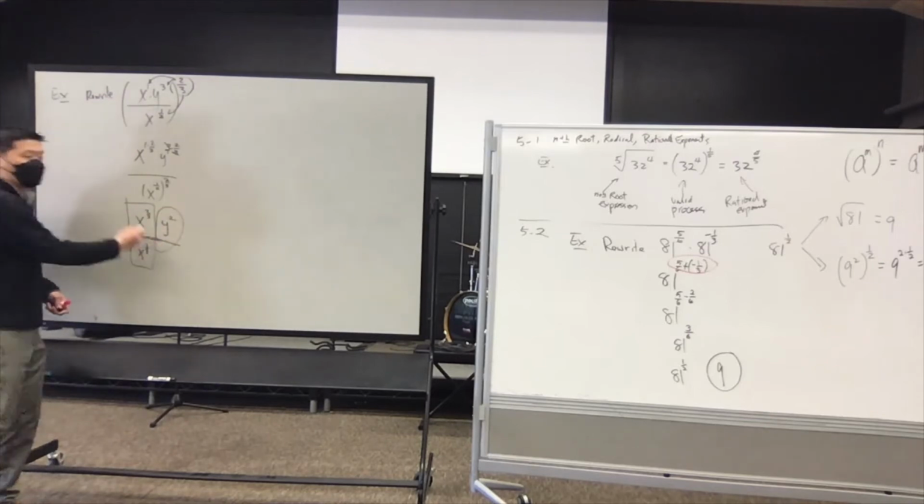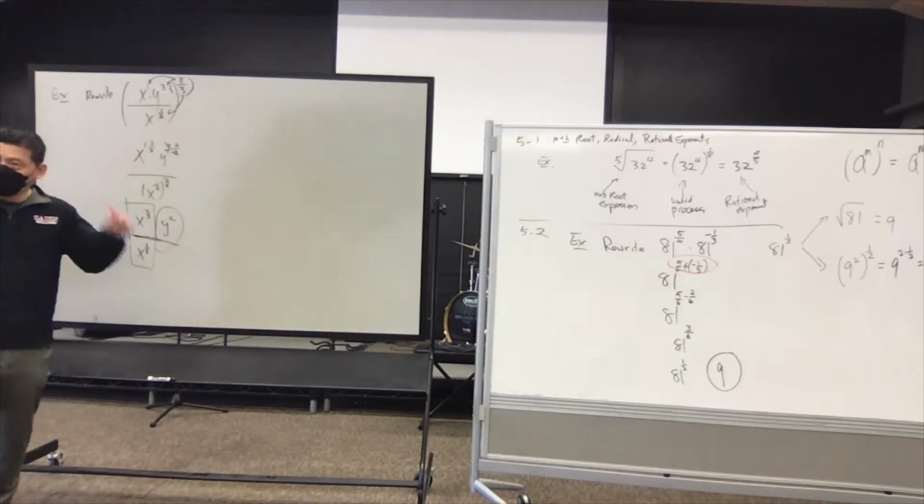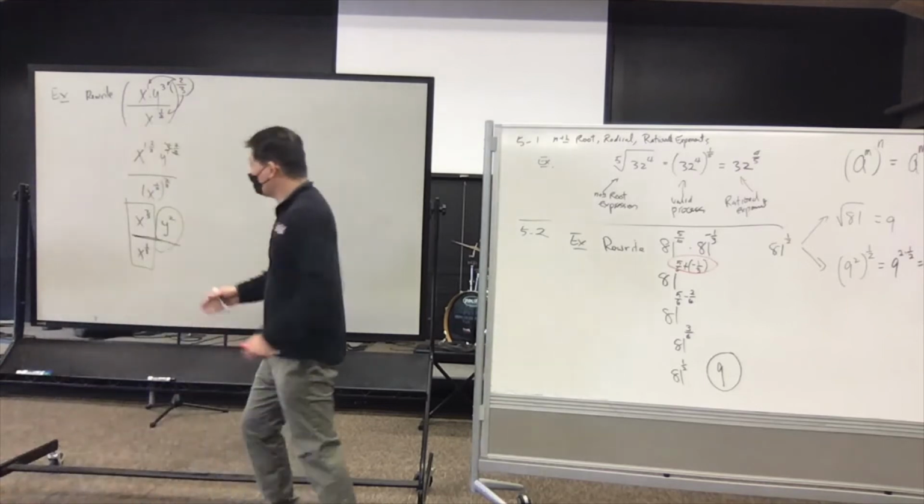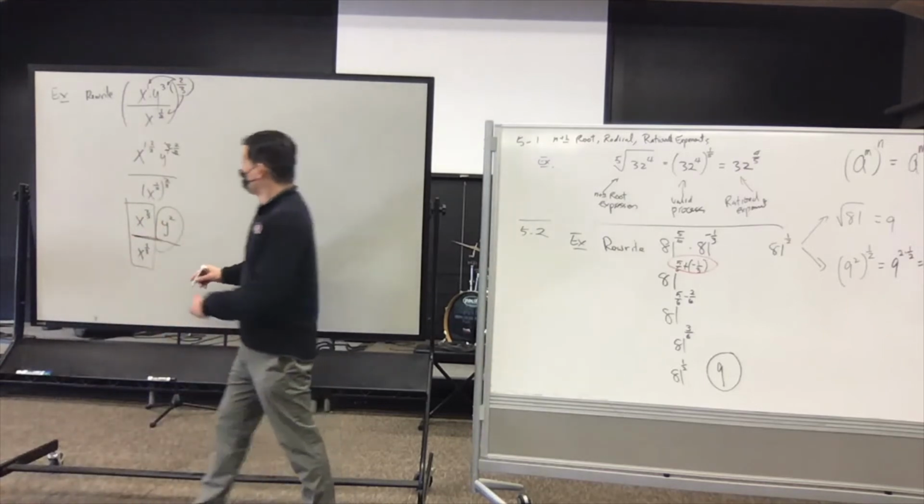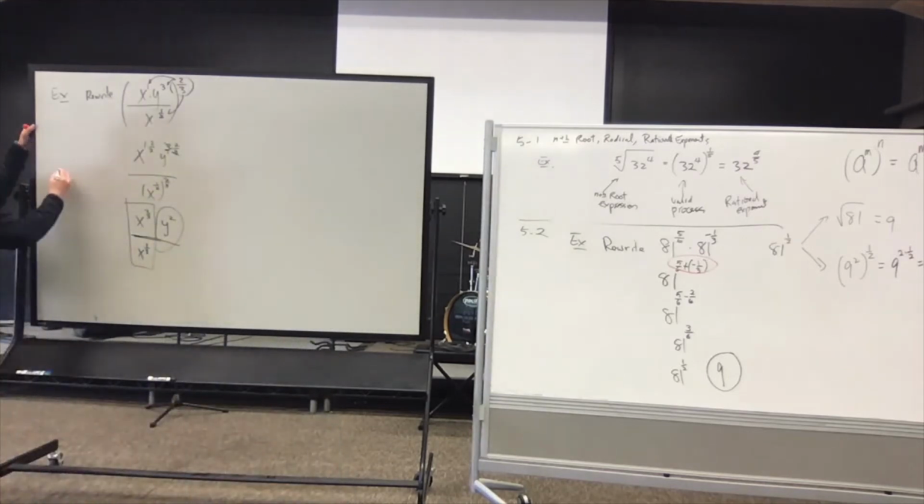This one is a done deal. I got y squared. I just need to take care of the x. So in this case, remember the property: a to the m over a to the n.